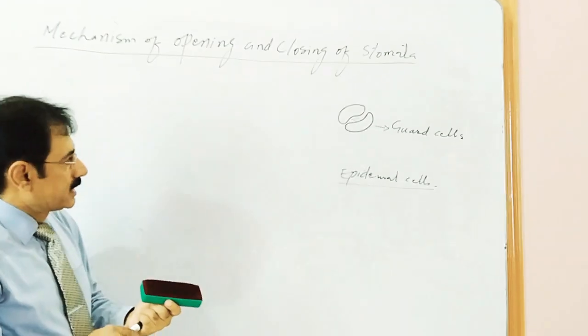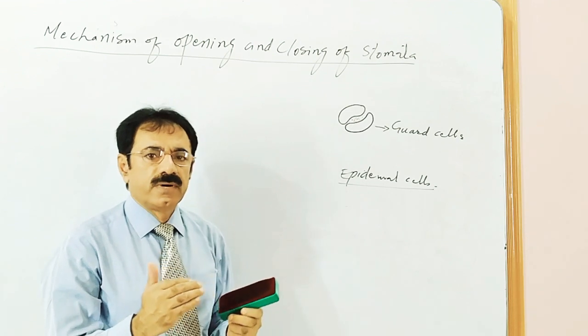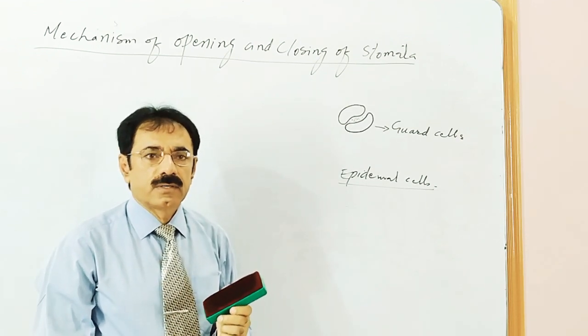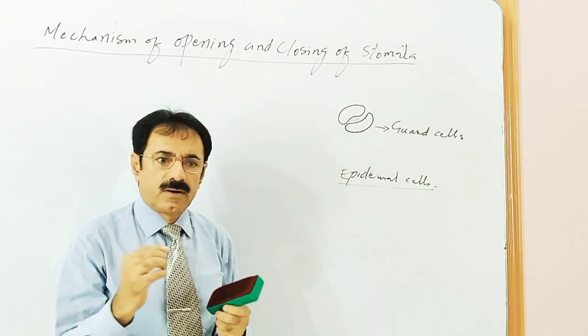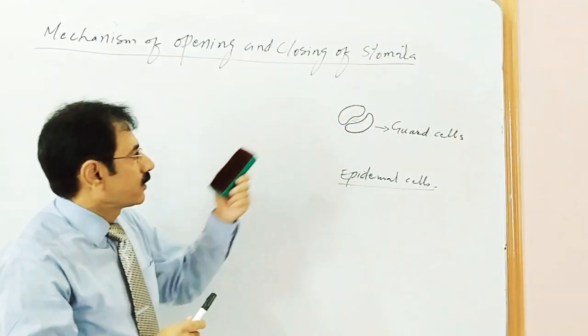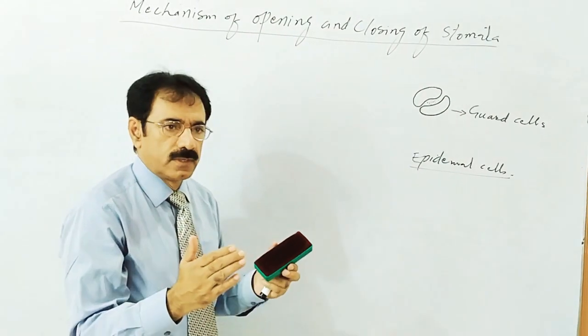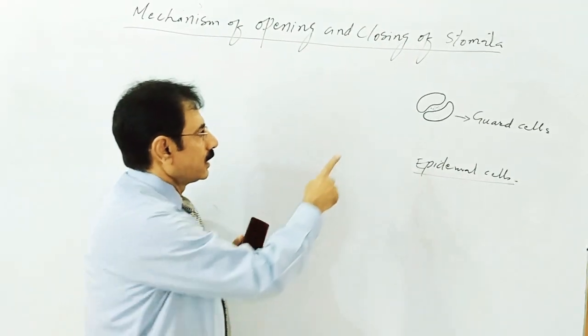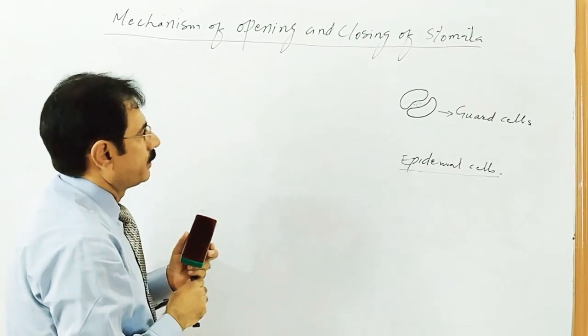Through the stoma, various materials can pass. Suppose the gases oxygen and carbon dioxide pass in and out through the stoma, and water in the form of vapors is also passed through the stoma.